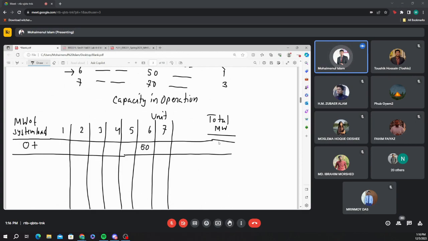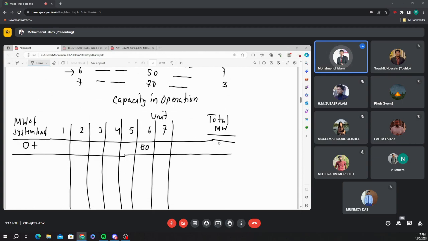But the thing is, if you just consider your system load or load demand is increasing from 0 plus, maybe 10, 20, 30, all the demand is protected by this 50 megawatt. But what if it reaches up to 50? When it reaches up to 50, you need to turn on the second generator, but you cannot immediately turn on the generator.